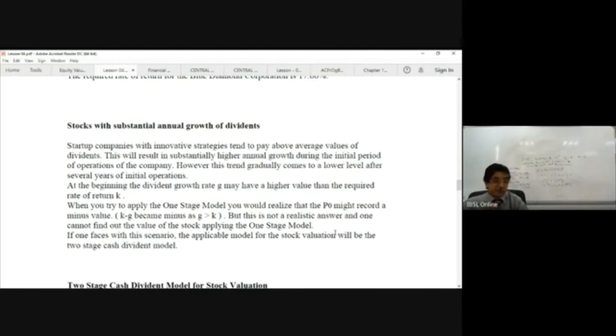If you apply the one-stage model, you will not be able to arrive at a realistic value, so we abandon that methodology when you calculate stock prices for a company where the required rate of return is lower than the dividend growth rate.